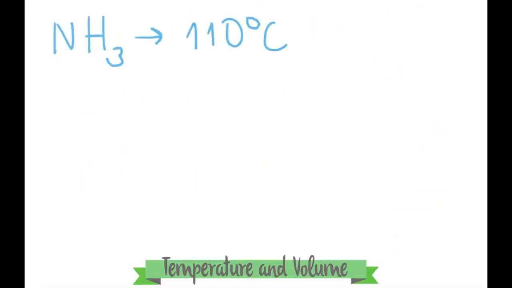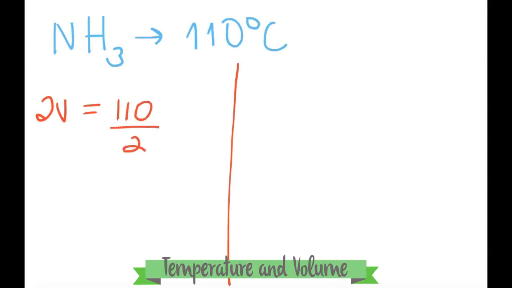This question is asking us that if ammonia has a certain volume at a temperature of 110 degrees Celsius, what temperature is required to double its volume while keeping the pressure constant? In this problem, we need to take into consideration both the relationship that temperature has with volume and with pressure. Assuming that we're only talking about volume right now, if we need to double the volume, then the temperature has to be divided by 2.